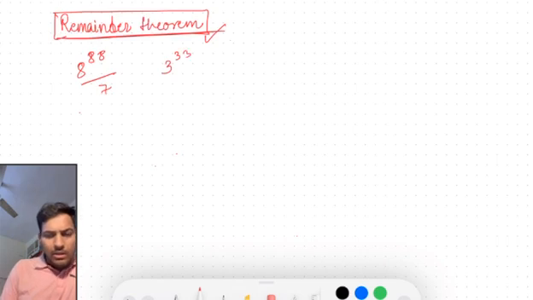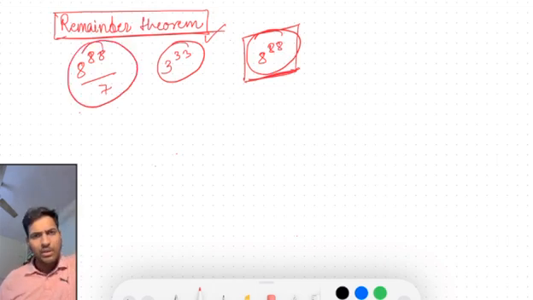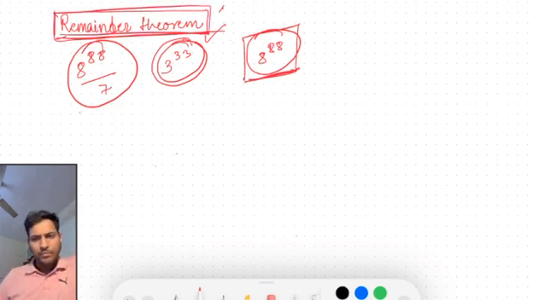Other questions ask what will be the day after 8 to the power 88 days. This question also is a case of finding remainders, nothing else. These questions may seem a little bit tricky, but they are not. The only catch lies in knowledge of this concept called the remainder theorem.